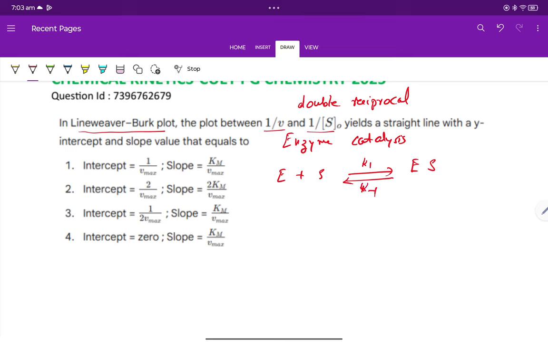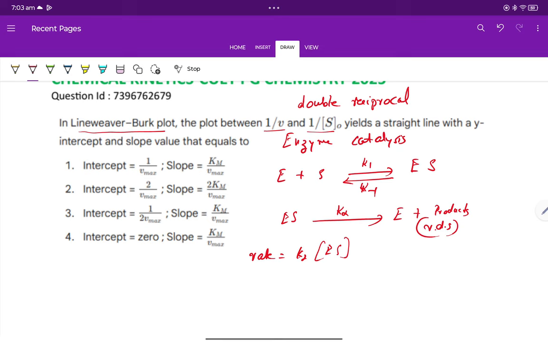In the second step, the enzyme substrate complex decomposes with a rate constant of k2 to give you the free enzyme plus the products. This is our rate determining step, RDS, so the rate can be written as rate equals k2 into the concentration of ES.